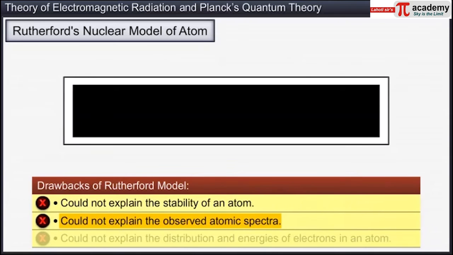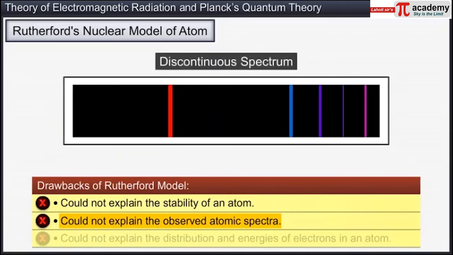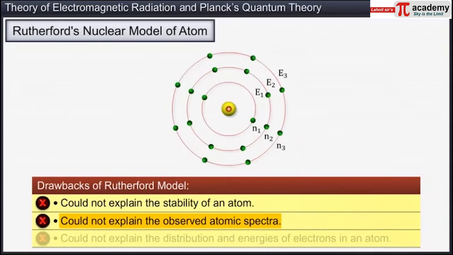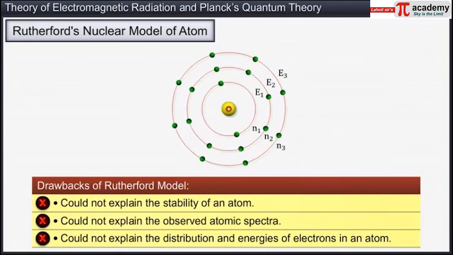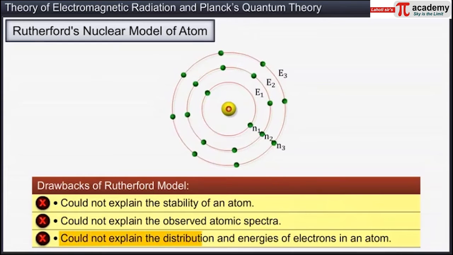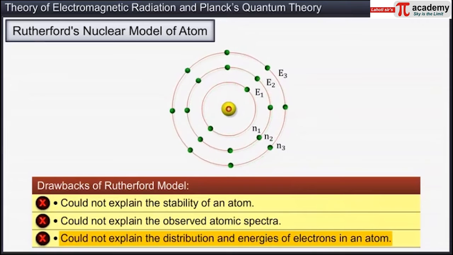But the spectra of elements indicate that atoms emit energy discontinuously, and hence Rutherford's atomic model couldn't explain the observed spectra of atoms. Another drawback is that it could not explain the electronic structure of atoms, that is, the distribution and energies of electrons in an atom.